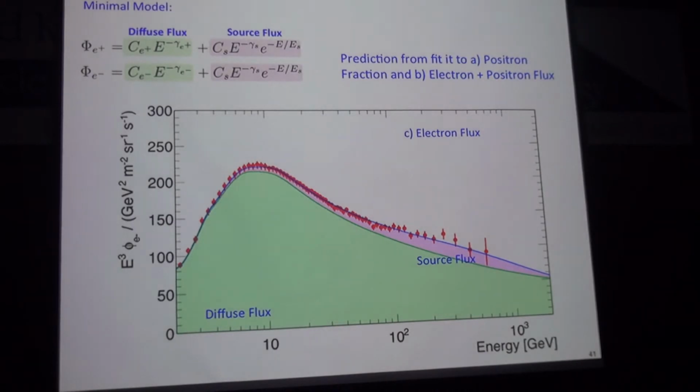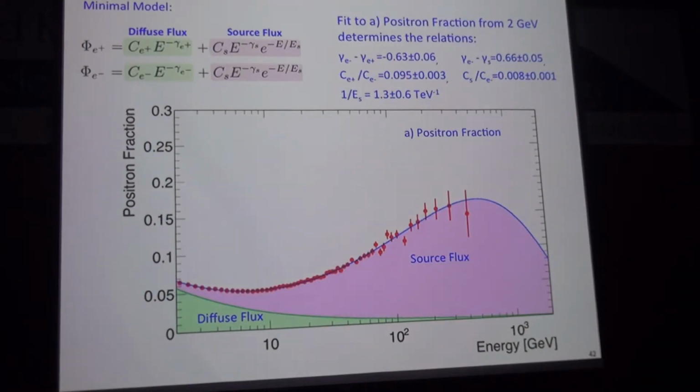And you see, for example, here we show the electron flux, and the fitting result is that this red part shows the source flux, and the green part shows the diffuse flux, which dominates this distribution.